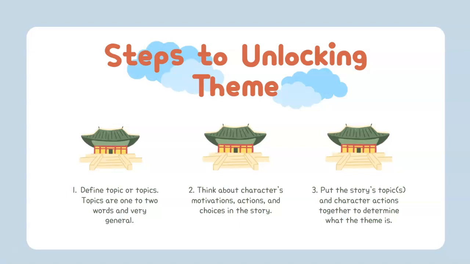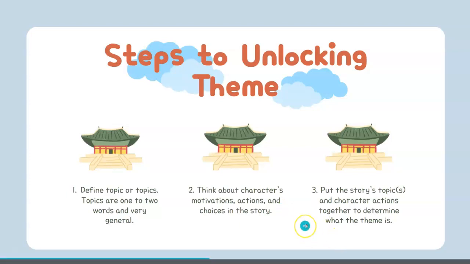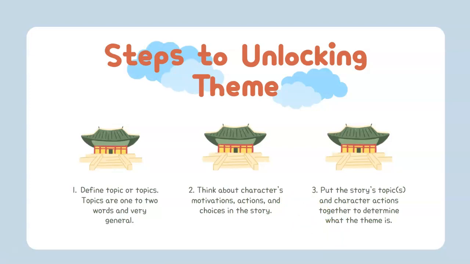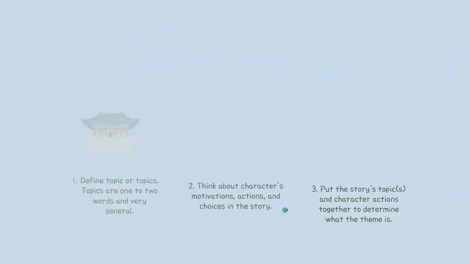Number two, think about characters' motivations, actions, and choices in a story. After you do that, you can put the story topics and character actions together to determine what the theme is. And remember, there's also a helpful video within your English course in the flipped preview section on the difference between central idea and theme. Theme, again, is a moral or lesson that the author wants to come across in the story.